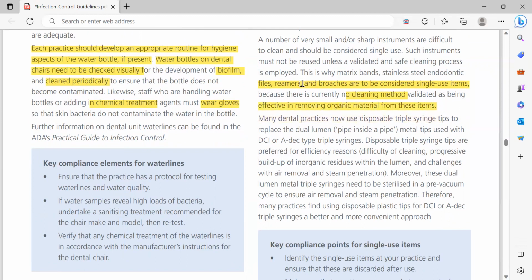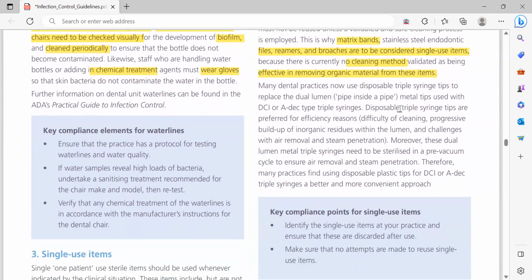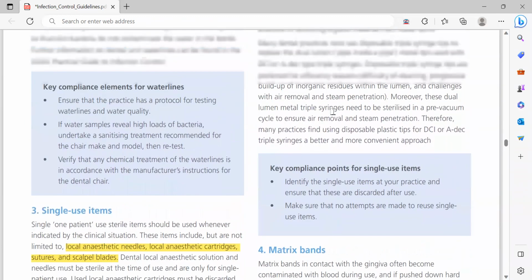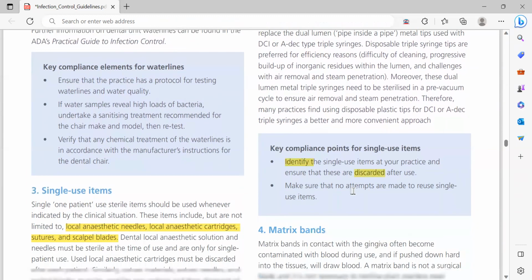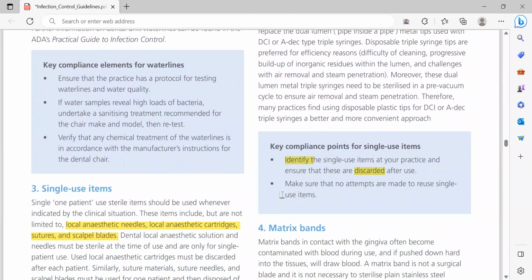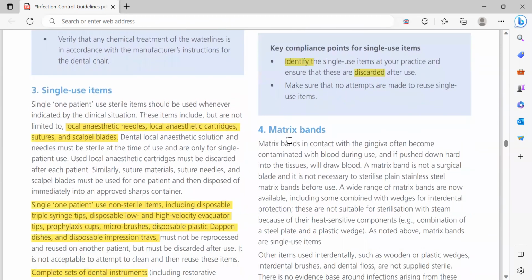So these files, matrix bands, reamers, and broaches are single use and you should throw them away after each patient. You should be able to identify which are the single-use items, know whether to discard them in the normal bin or the sharps bin, and make sure that no attempts are made to reuse single-use items.